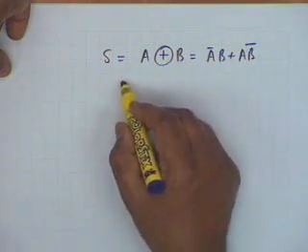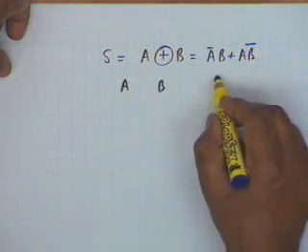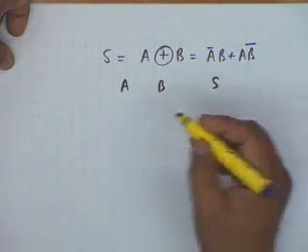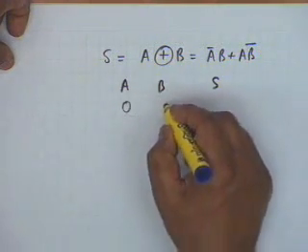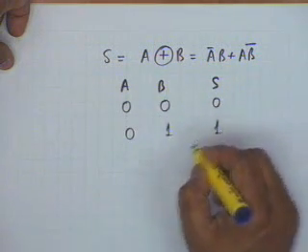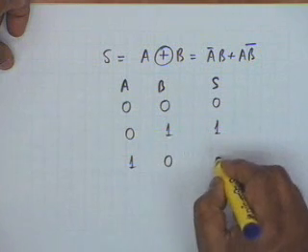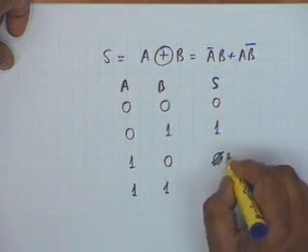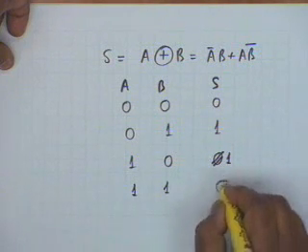If I write the truth table A, B and S, the truth table is the same as that of the sum bit. 0 0 is 0, 0 1 is 1, 1 0 is 1, and 1 1 is 0.